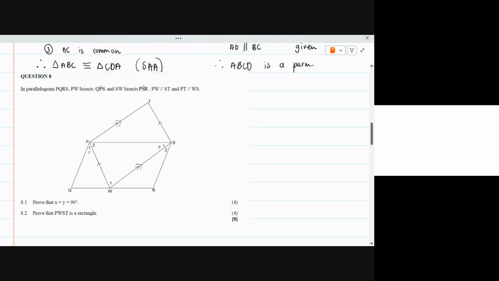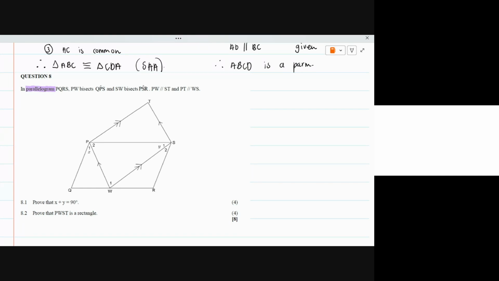Okay, it says here, in parallelogram, how does that help us? We already know that it's a parallelogram, and that helps us quite a lot because then we can already use the properties of a parallelogram. What properties do we know?